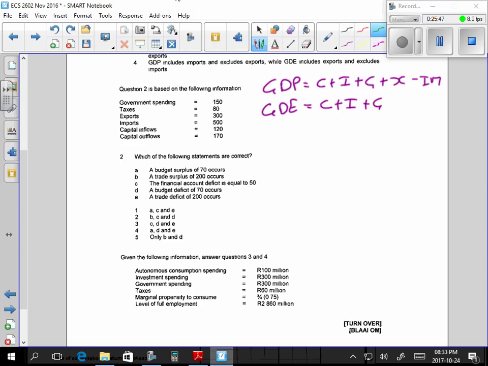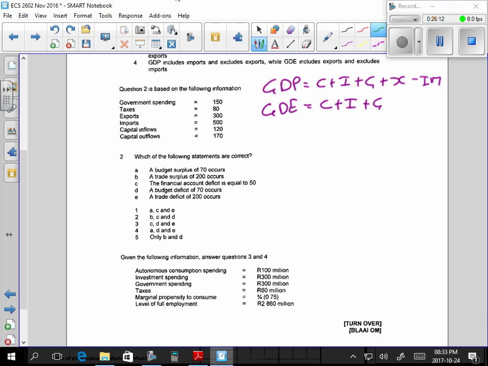Your current account measures imports and exports. More imports, less exports, current account deficit. More exports, less imports, current account surplus. Okay. Budget surplus or deficit, government expenditure and taxation. If government expenditure is greater than taxation, budget deficit. Taxation greater than government expenditure, budget surplus.